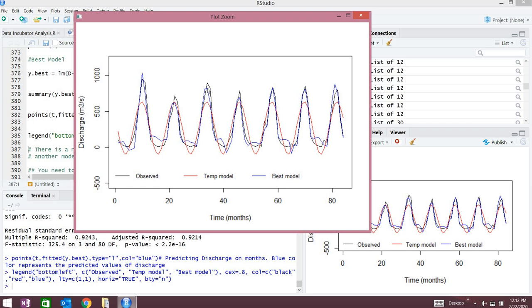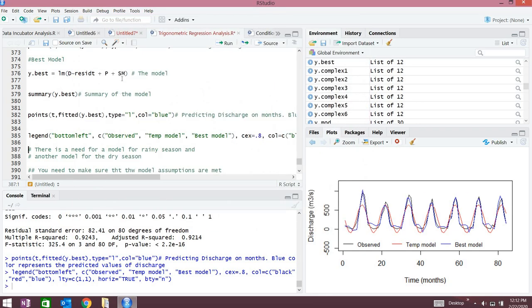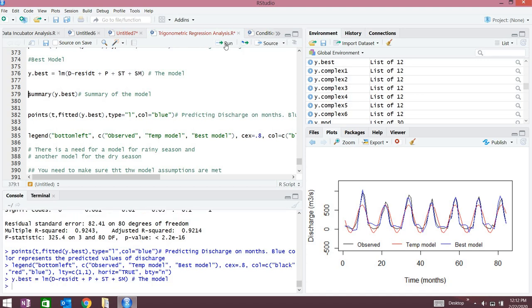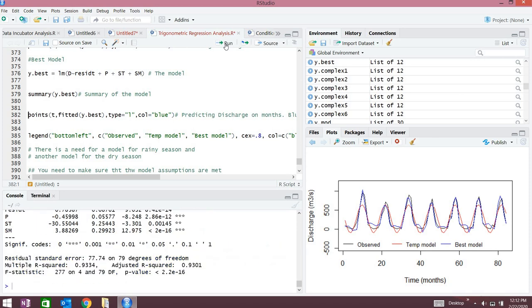Okay, best model, take precipitation plus soil moisture. What if I add the ST? What's it going to give us? So soil temperature plus soil moisture as ST as best variables. Okay, we know already that gives us about 1% more.